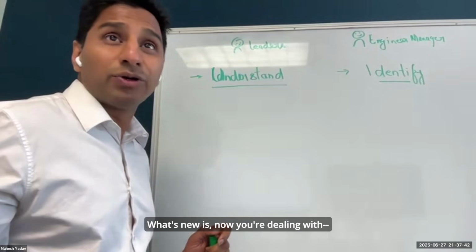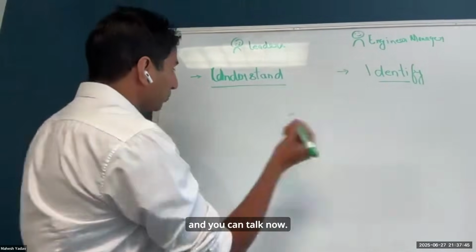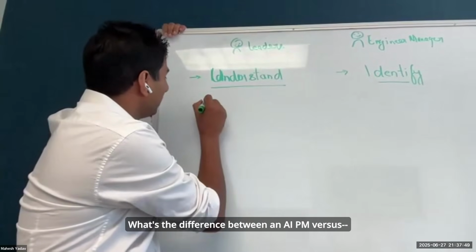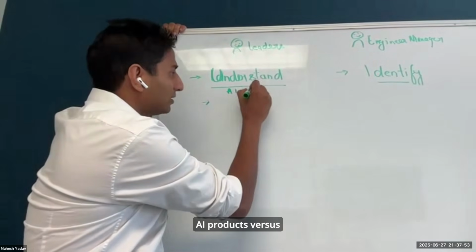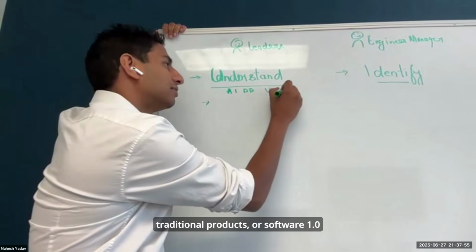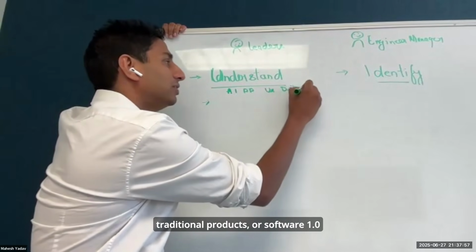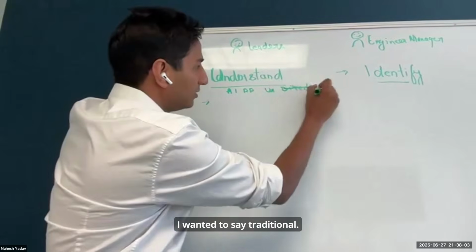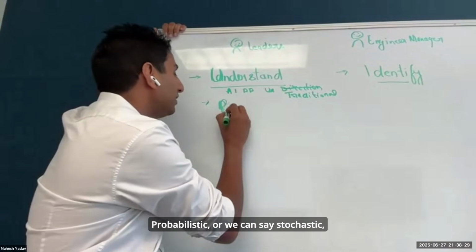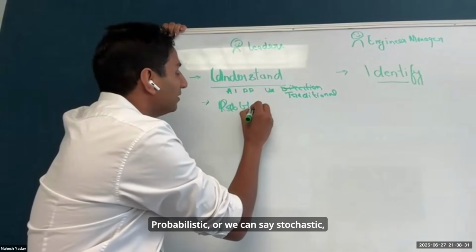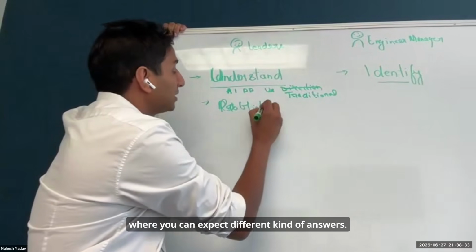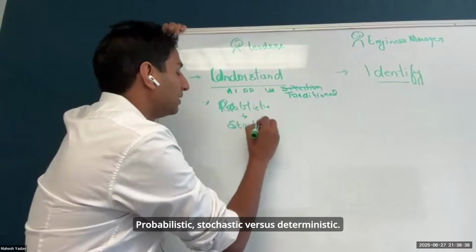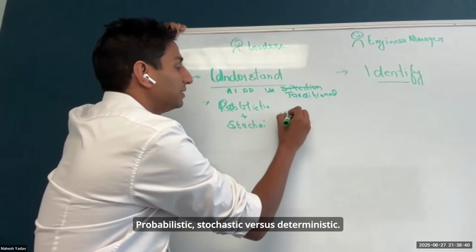What's new is now you're dealing with, and you can talk now, what's the difference between an AIPM versus AI products versus traditional products, or a software 1.0 product versus a 3.0 product? I wanted to say traditional. Any differences? Probabilistic, or we can say stochastic, where you can expect different kinds of answers and there is no single answer. Probabilistic, stochastic versus deterministic.